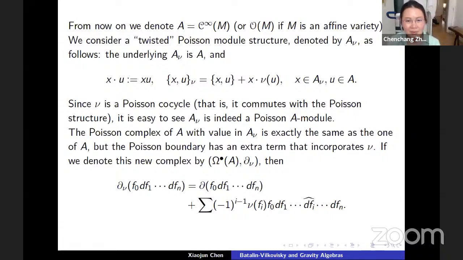Can you say it again? What is the homology? Without this nu, just this partial gives you homology, called the Poisson homology of A. This partial is just the Lie derivative of the differential form with respect to this bivector pi.